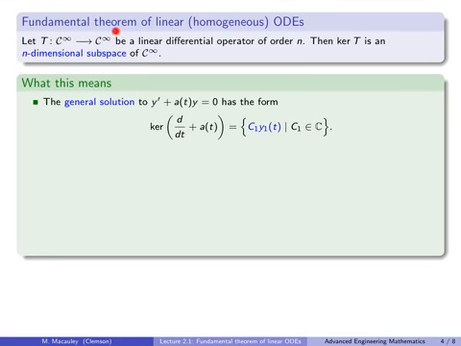By this fundamental theorem, that kernel is a one-dimensional subspace. If it's one-dimensional, that means it has a basis consisting of a single element, a single function. So the general solution is all scalar multiples C1 of some function y1 of t. In other words, find any function that solves this, and then just multiply that by a constant, and that is the set of all solutions.